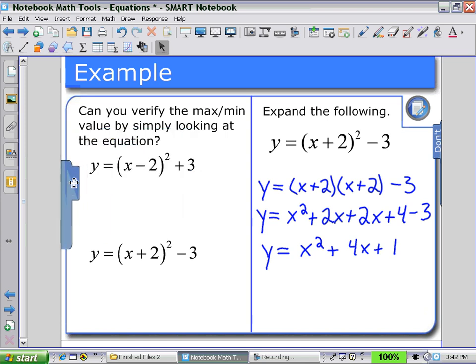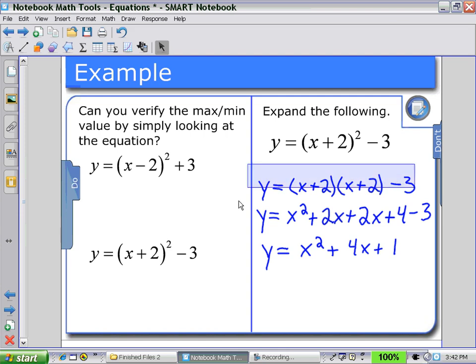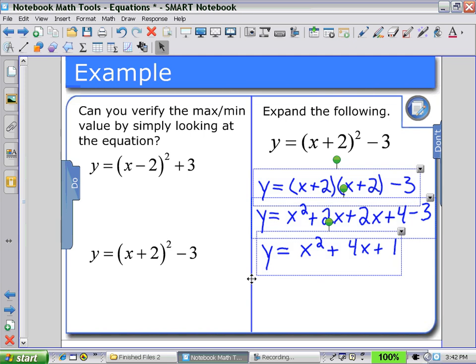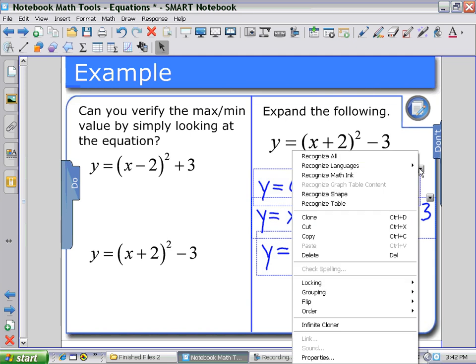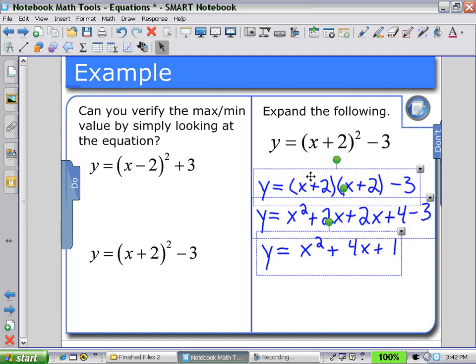In the other example, the learning has already occurred. Expand the following, it's been expanded. We could use the handwriting recognition tool to make it more aesthetically pleasing. And so if I select all of those and ask it to recognize math ink, it will recognize the equation.